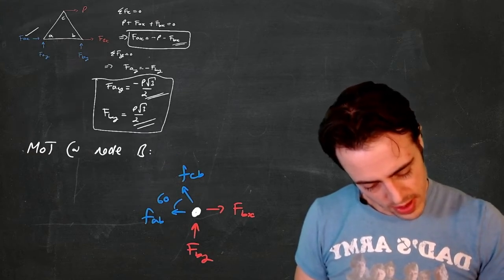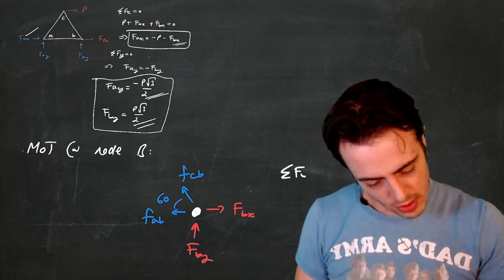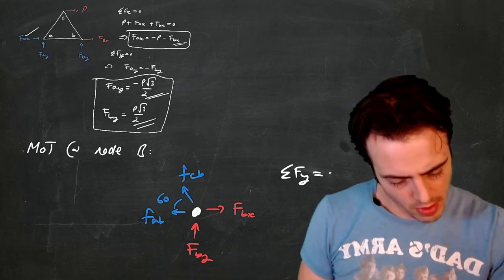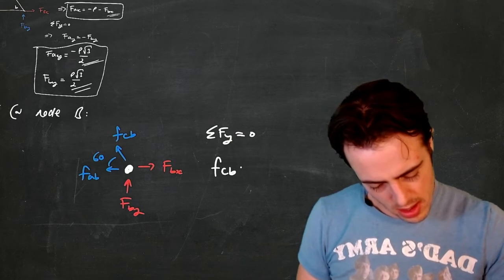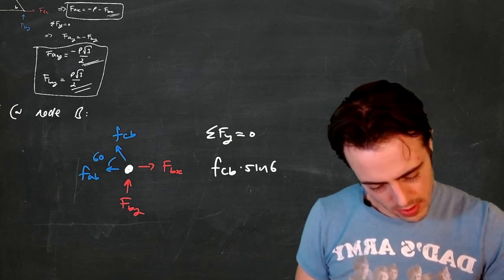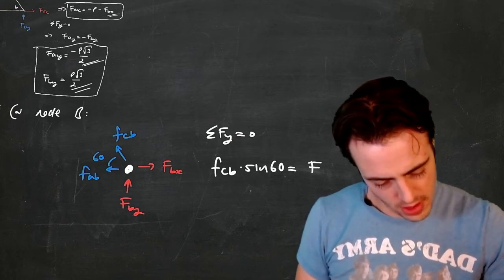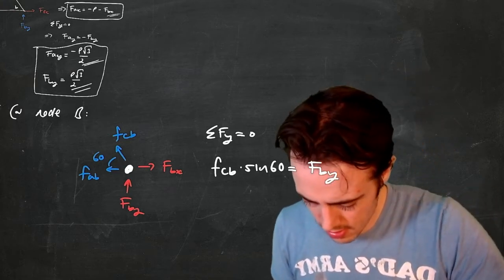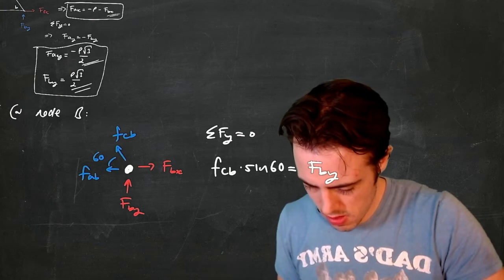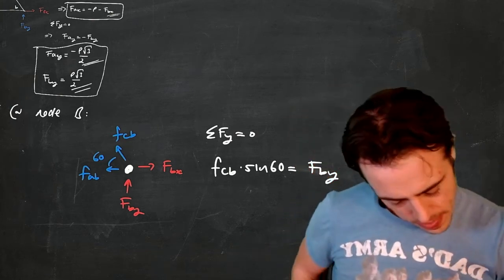So for vertical equilibrium, the sum of forces in the y direction has to be equal to 0. So FCB sine 60 is equal to FBY. I'm forgetting what sine 60 is as a surd. What is it? It's root 3 on 2.